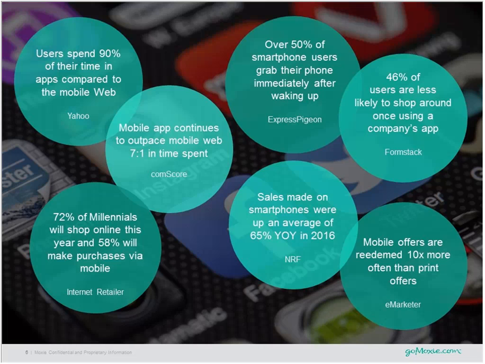This next stat, from Form: 46% of users are less likely to shop around once using a company's app. To put this in perspective, that's nearly half of people. Once you've got them in the app and they decide they want to purchase one of your products, they basically won't go anywhere else. They will just buy it from you.